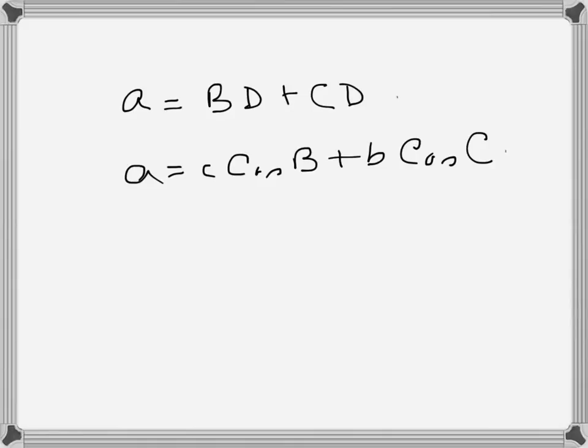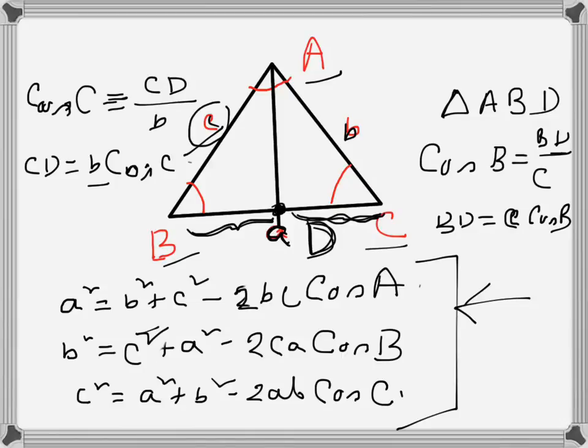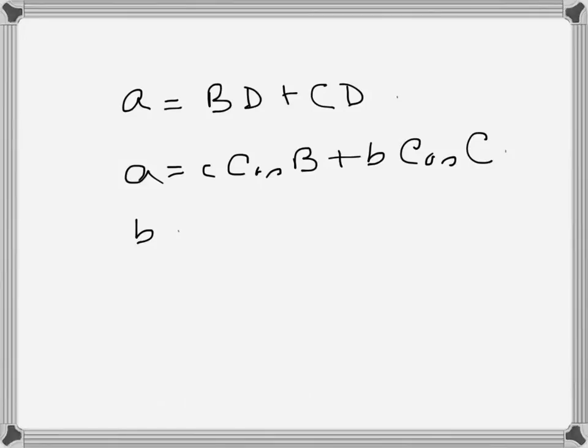And in a similar manner we can show the others. We can take another angle and draw a perpendicular to the opposite side, find the angle for C, and for A we can represent the arm b in terms of the other two arms and the angles.